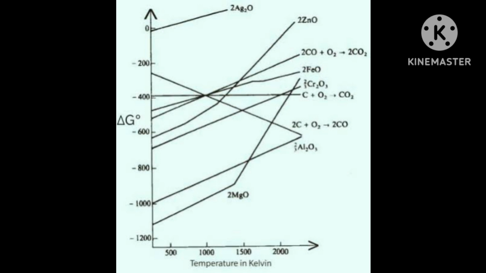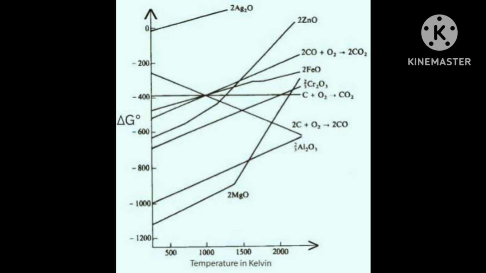The role of the reducing agent is to provide a standard delta G negative and large enough to make the sum of standard delta G of the two reactions, oxidation of the reducing agent and reduction of the metal oxide, negative. Overall, the reaction should be negative.